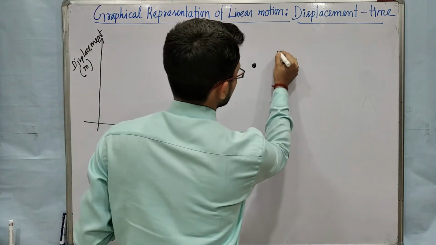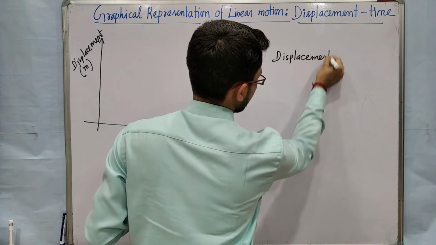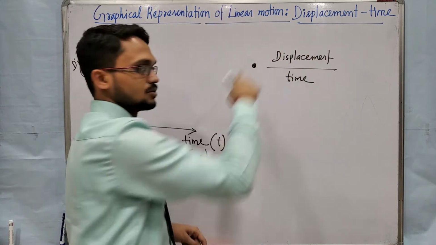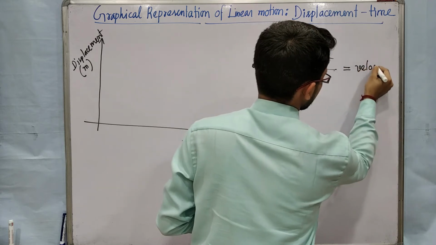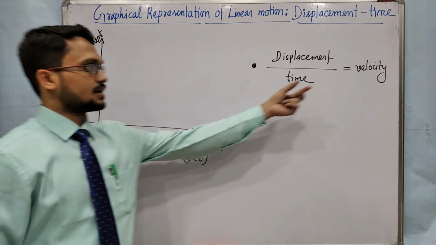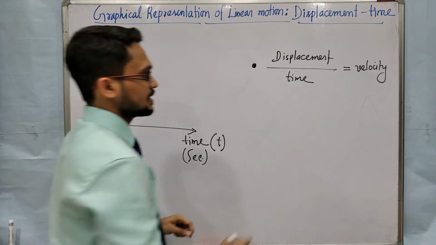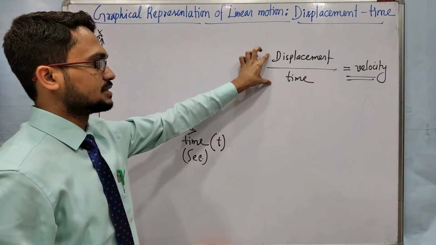Along y-axis displacement and along x-axis time. What is this known as? This is known as velocity, displacement by time. So from this displacement time graph we can calculate velocity of any object. Velocity is determined by this ratio.